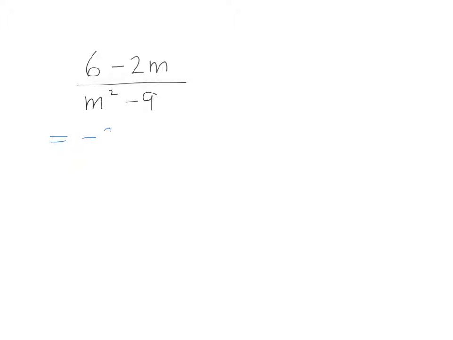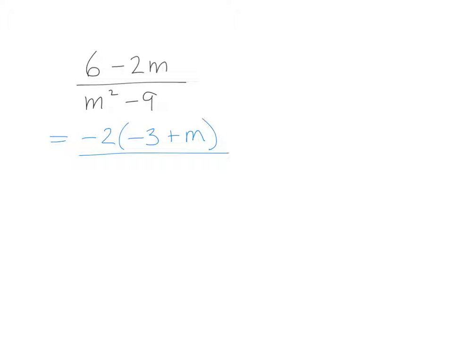So I'm going to take out a -2, and that will become -3 plus m, which is basically m minus 3, right? That factor is the same as m minus 3.